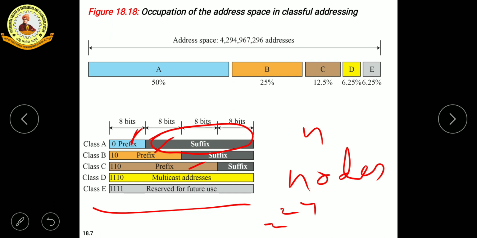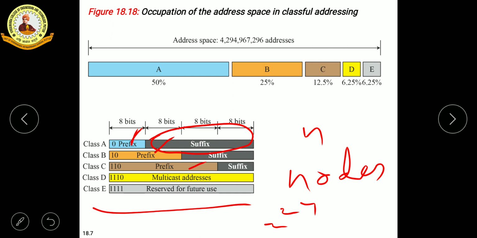Then coming to class B, the network length is 16 bits, but since the first two bits, which are 1 0 here, are already occupied, how many bits do we have remaining? 14 bits remaining. Then we can have 2 raised to 14, that is 16,384 networks in the world that can have a class B address.